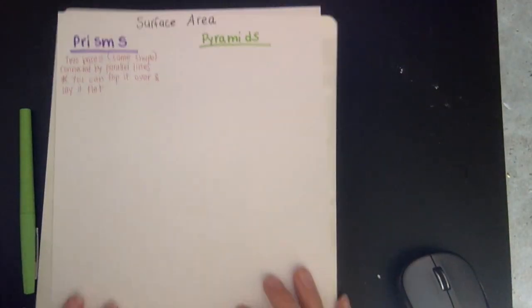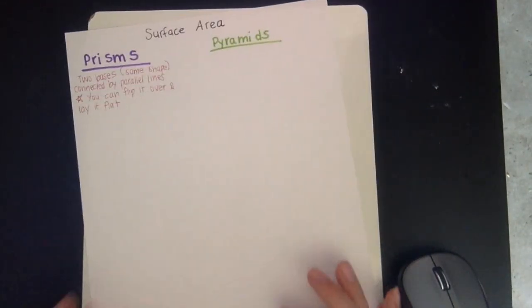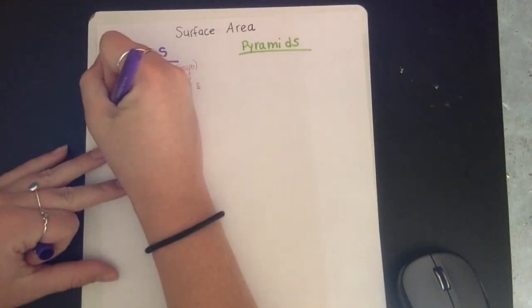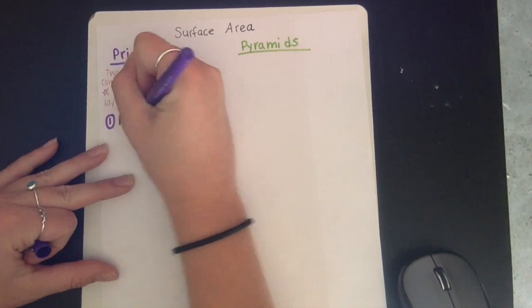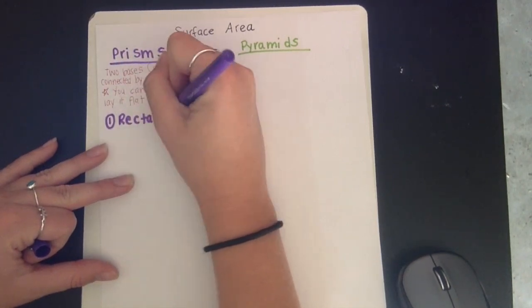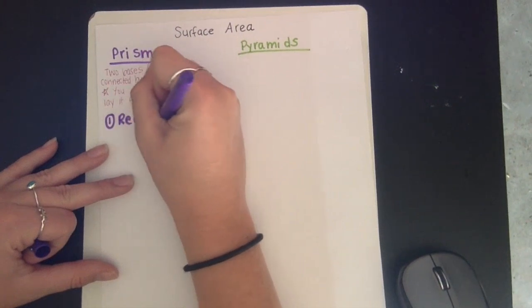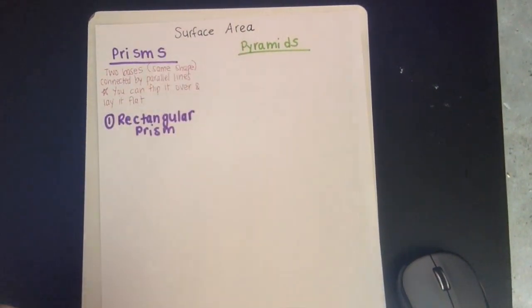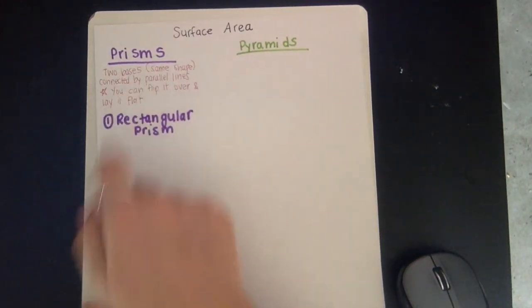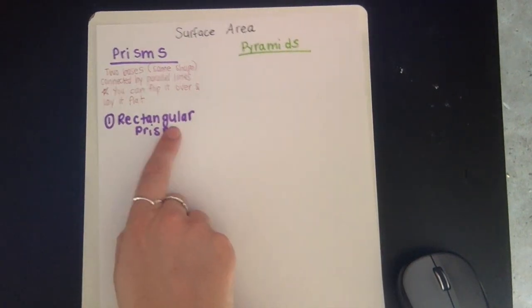So for an example, we were working a lot with rectangular prisms. Our first one was a rectangular prism. And basically, I have my two different bases. In this case, it's telling me it's a rectangle.